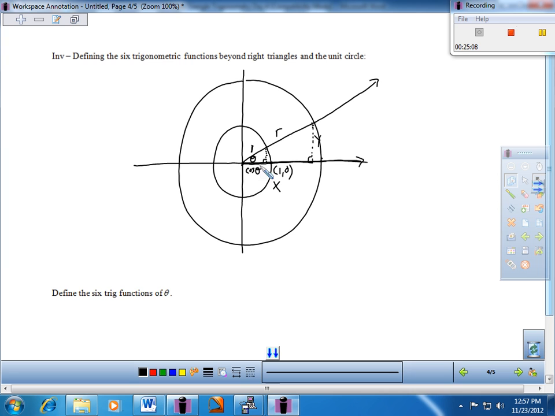And if x is cosine of theta, then everybody, we all know this piece right here. This is going to be the y value, but because it's on the unit circle, the y is sine. And so what I have basically is three sides in this small right triangle in this unit circle: cosine of theta, sine of theta, and 1.